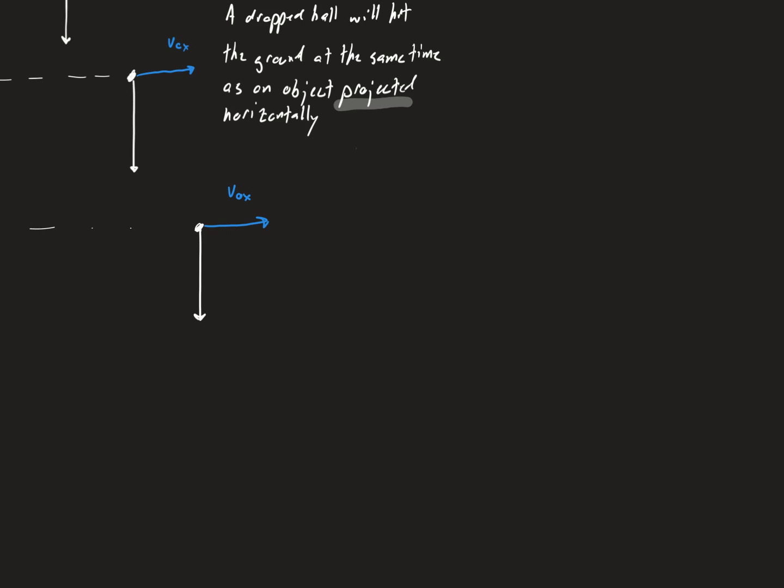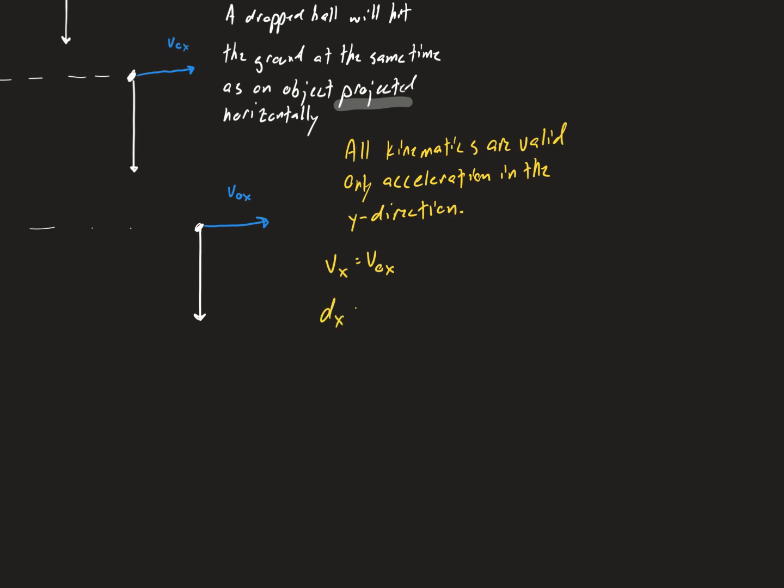What that means is a couple things. One, in the x direction, there is no acceleration, so the x direction velocity is the x direction velocity. The only thing I can use in terms of the time is here, the distance or displacement in the x is velocity in the x times time.